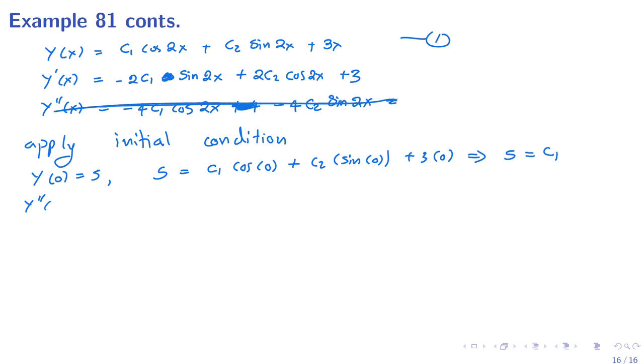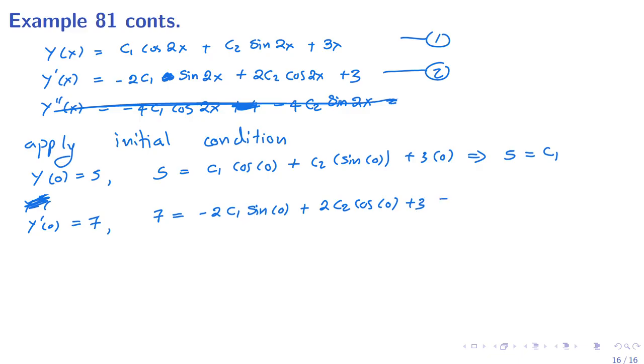If we apply the second initial condition, y prime of 0 equals 7, we use the first derivative: 7 equals minus 2c1 sine 0 plus 2c2 cosine 0 plus 3, which gives us 7 equals 2c2 plus 3.